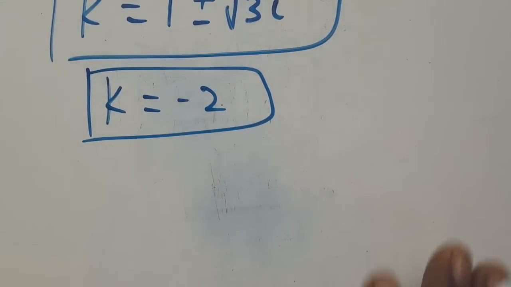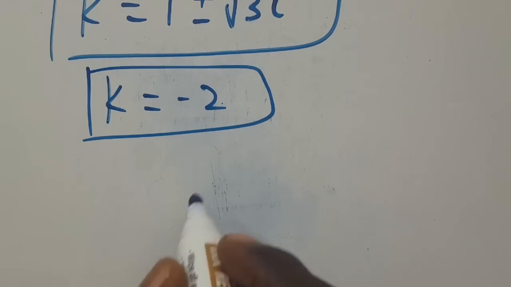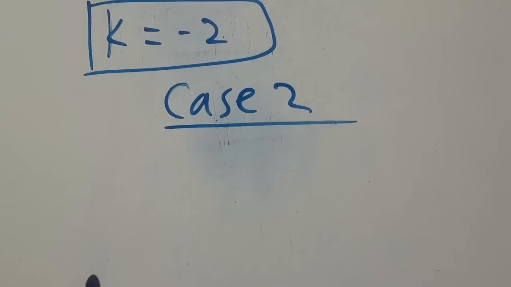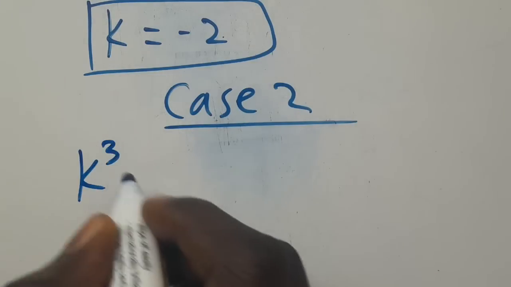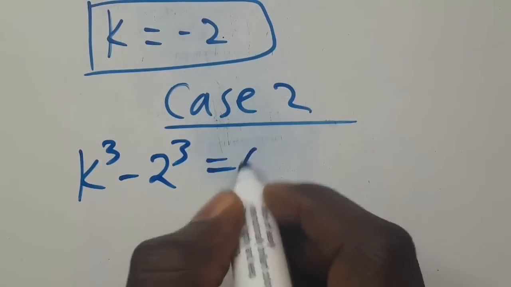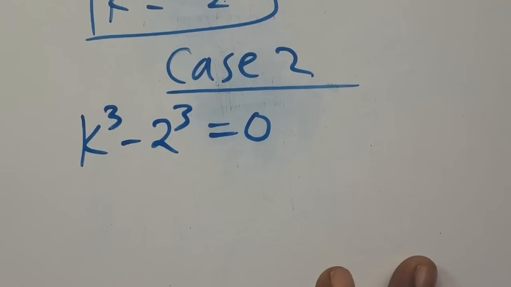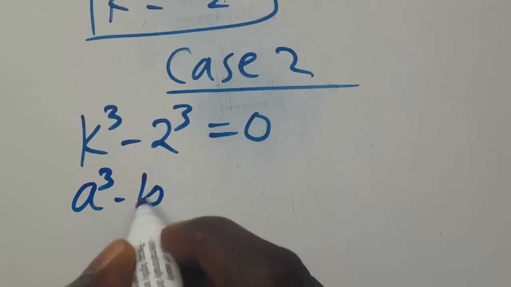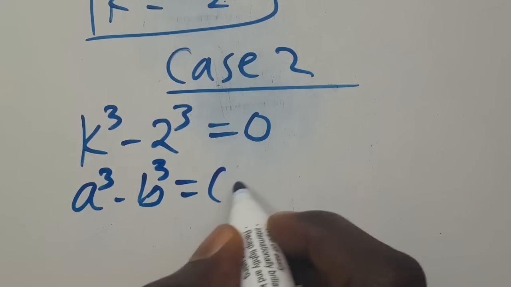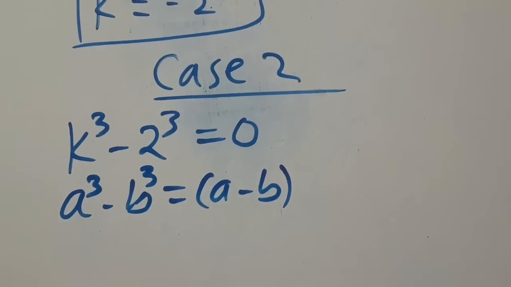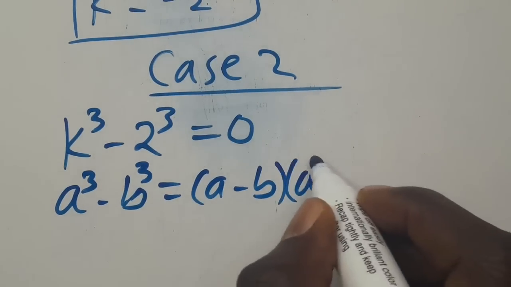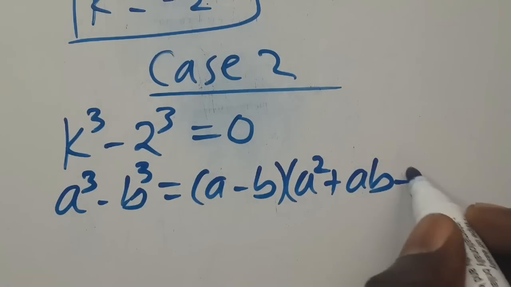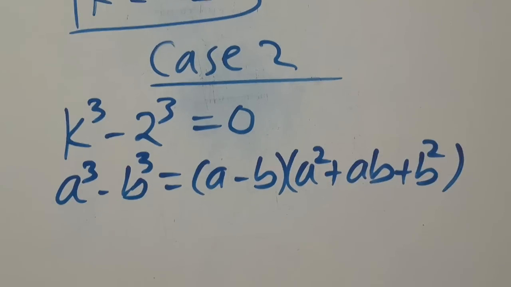Then let us also recall from case 2, where we have k to the power of 3 minus 2 to the power of 3 equals 0. Difference of two cubes. When you have a to the power of 3 minus b to the power of 3, we only have it to be a minus b, all in bracket, multiplied by a squared plus ab plus b squared.